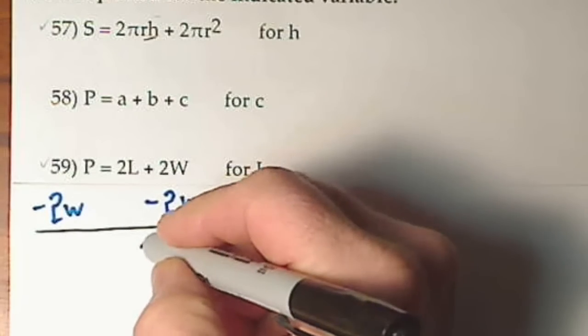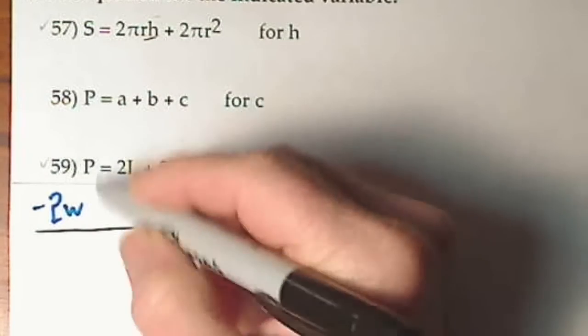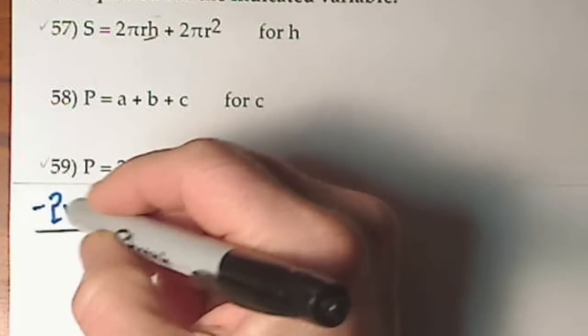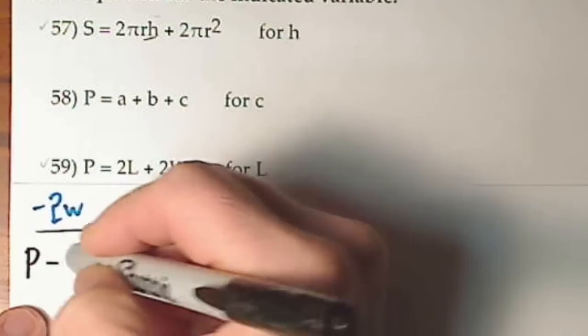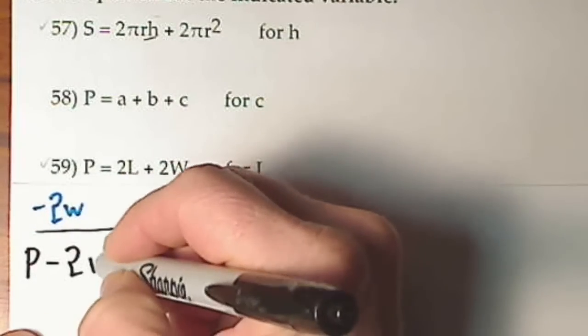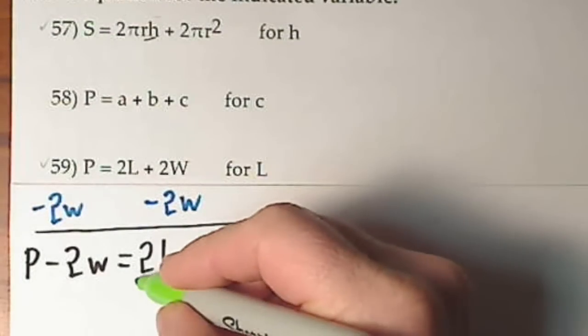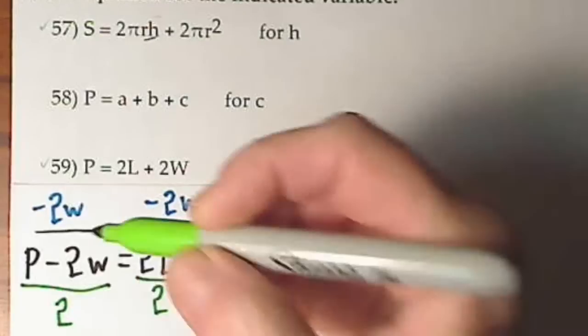You have 2L left. On this side, here's our equal sign. And then the p and the negative 2w, these are not like terms, so you just have p minus 2w. One more step to get L by itself. Divide by 2. Divide by 2.